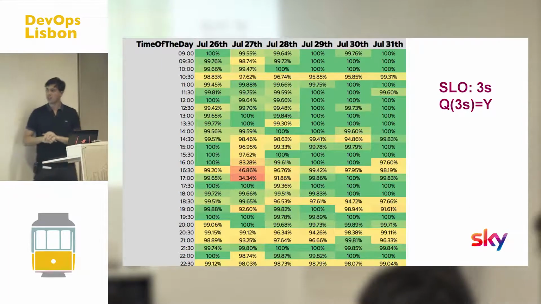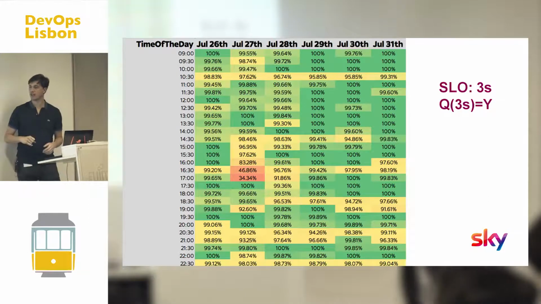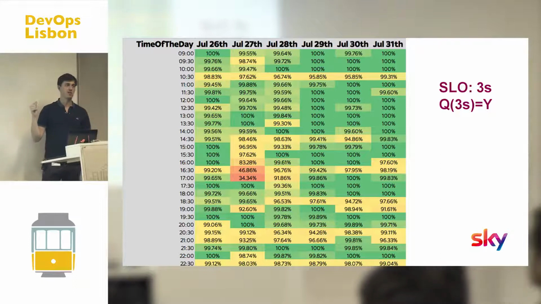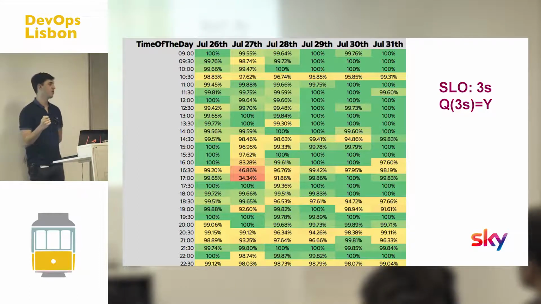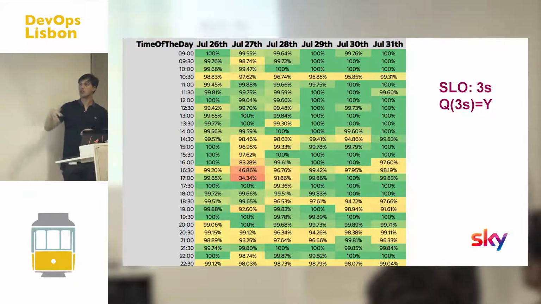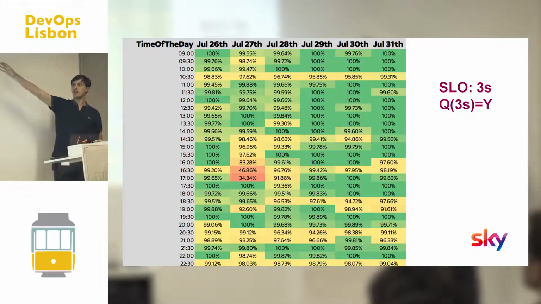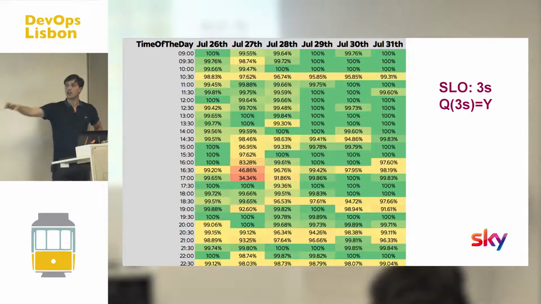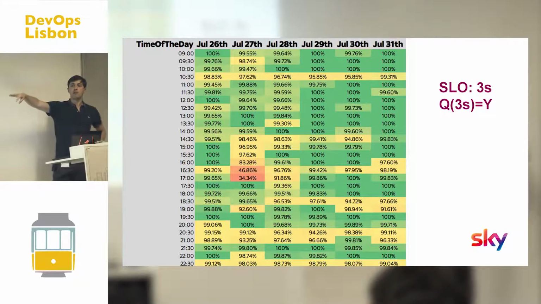So what we are seeing here is the response time for a given service. Actually, this is the voice search service on Sky set-top box, and what we are seeing is, for a given set of days, from the 26th of July to the 31st of July, how the response time performed during these time ranges.